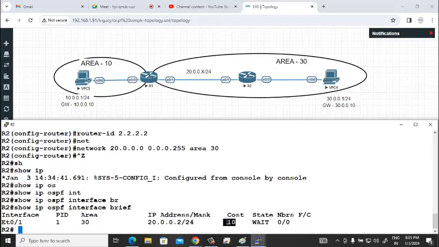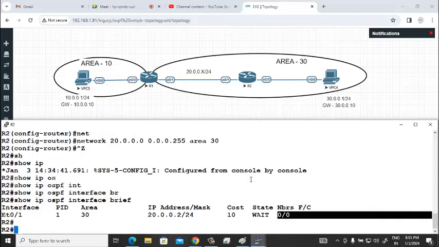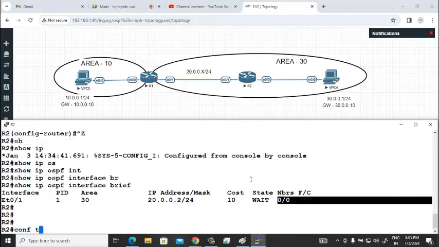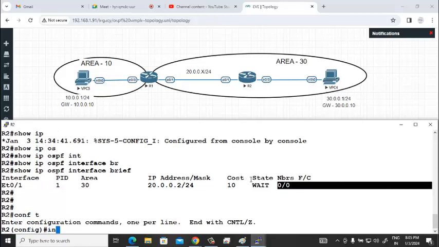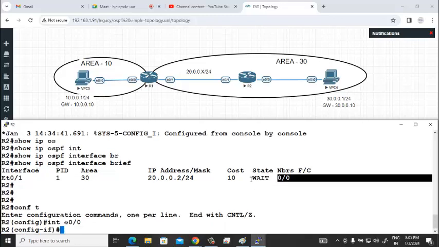Now let us go and try configuring OSPF on the same router in a newer way. Interface Ethernet 0/0. Straight away you go to the interface itself. You don't need to say router ospf and all the stuff. But one thing you should remember: if you don't go to router ospf, you cannot give the router ID. It will automatically pick from an interface. Here a router ID is already given, so I don't care.